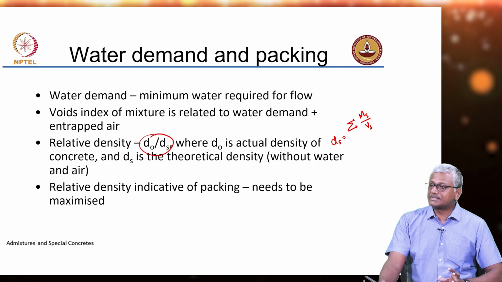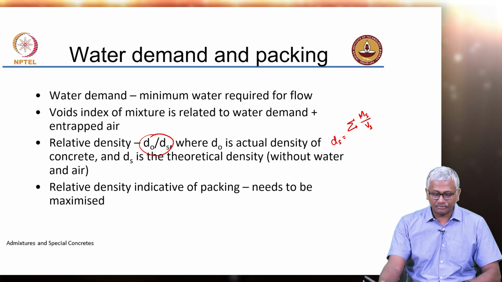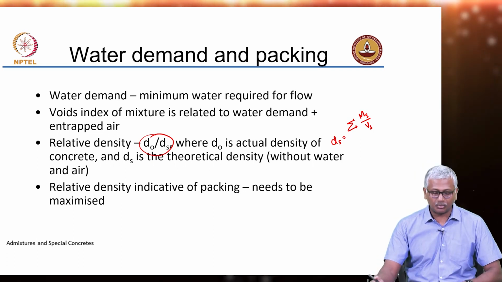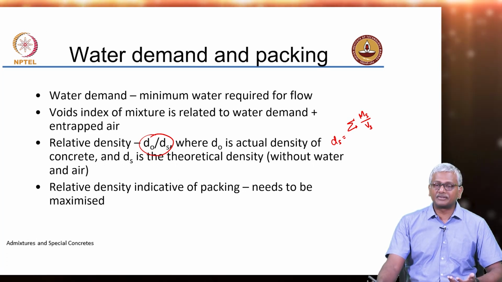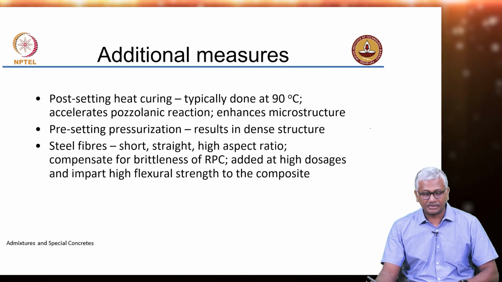So, that is essentially coming from your aggregate, cement, quartz powder and silica fume, and d naught is the actual density that you measure after compaction into a cube or something. So, what you need to do is minimize voids, so maximize the packing density. Same concept as what we discussed earlier.